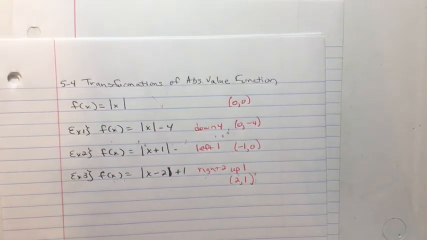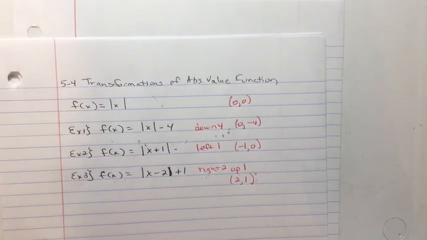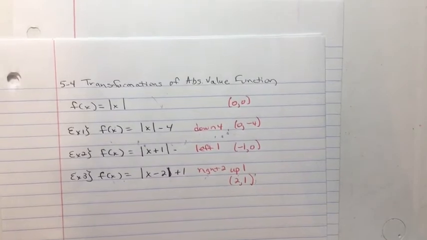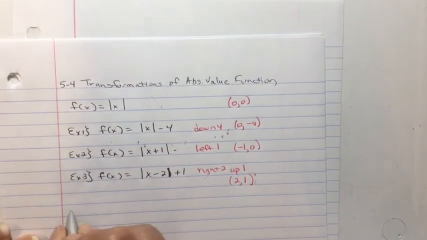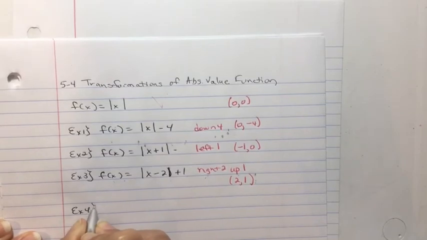So you are going to today graph some absolute value functions, and they're just going to be real simple graphs. You're going to just kind of estimate where they are, and I'm not going to worry too much about the numbers. Let me show you what I mean. Example 4.